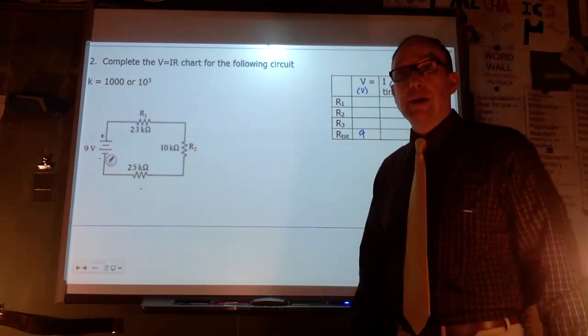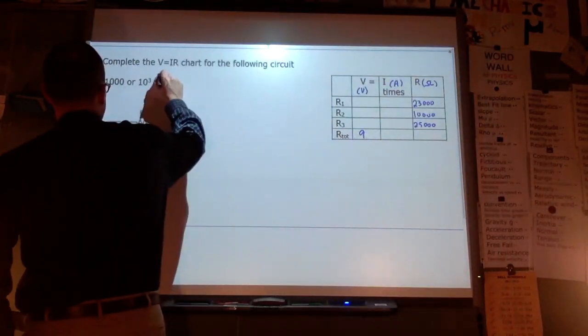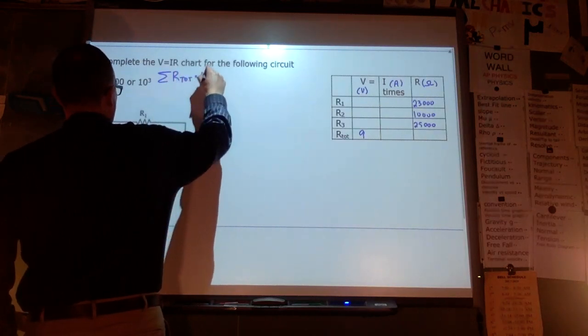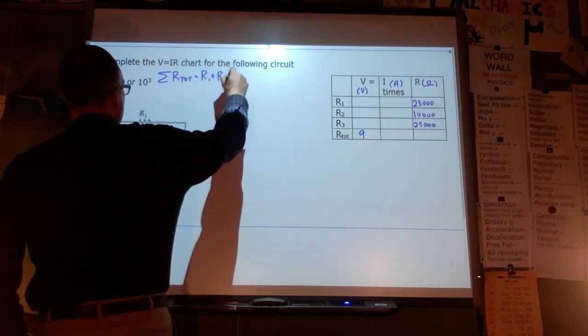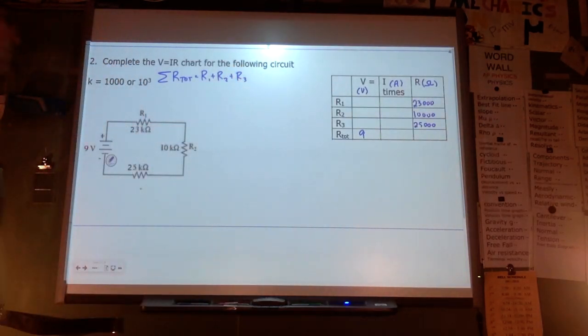All right, so what I want to do is find the total resistance. Well, I know that in series, my R total is just the sum of my individual resistances.